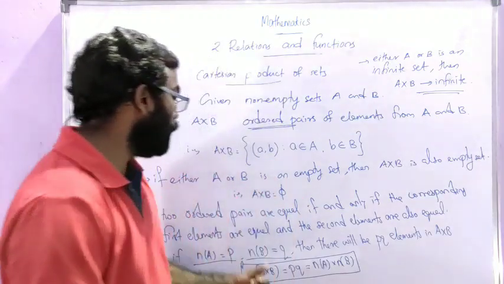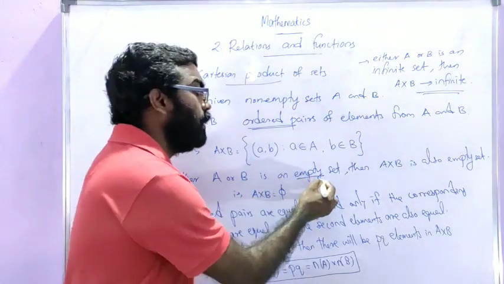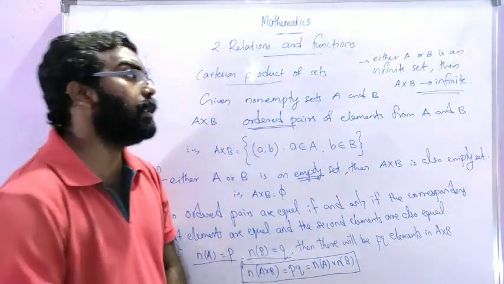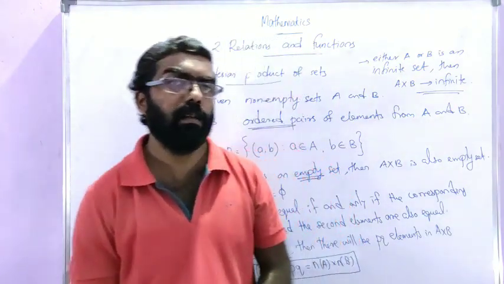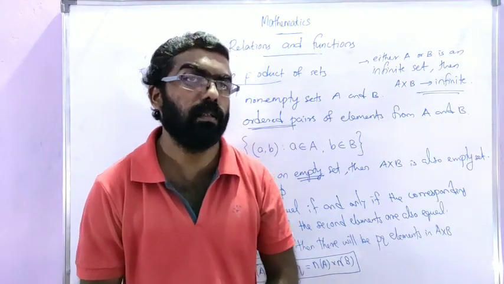So here, in the first one, if either A or B is an empty set or null set, then A cross B is also an empty set or null set. Similarly, if either A or B is an infinite set, then A cross B is also an infinite set.